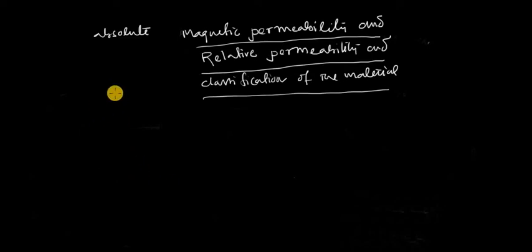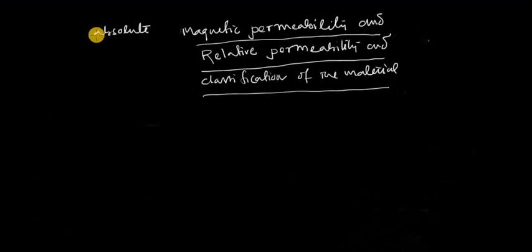Now, next, our topic is absolute magnetic permeability and relative permeability, and classification of the material on these parameters. Absolute permeability is represented as mu, relative permeability is mu r, and permeability of free space is mu 0.